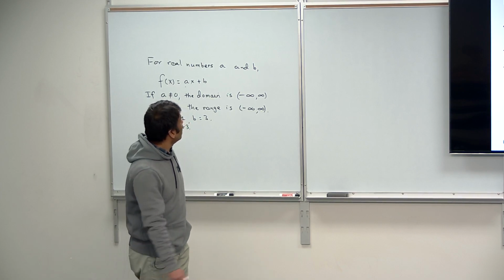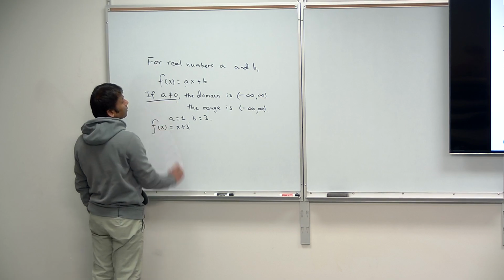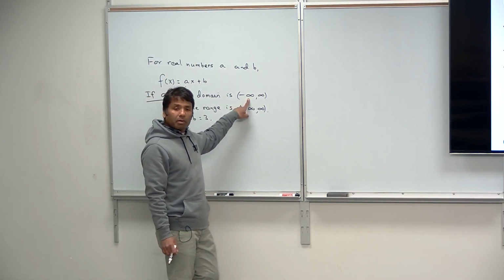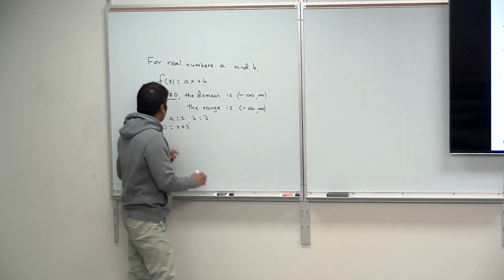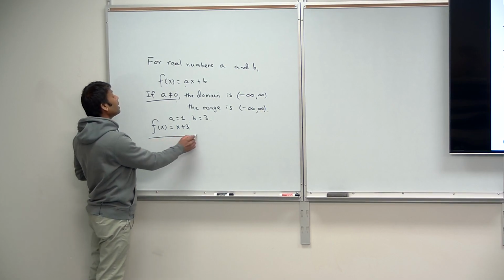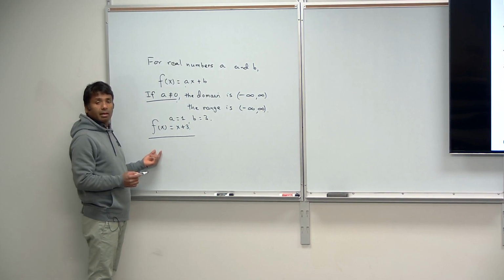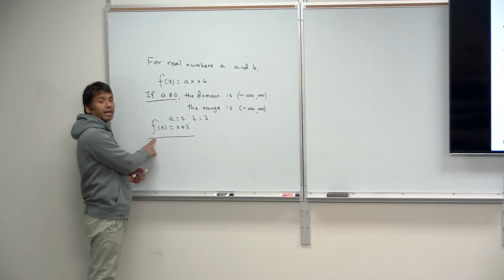Now, remember, if a is not equal to 0, what is the domain and range? Negative infinity comma positive infinity, right? So if you look at this linear function, what is the domain? For what values of x is this function well defined?